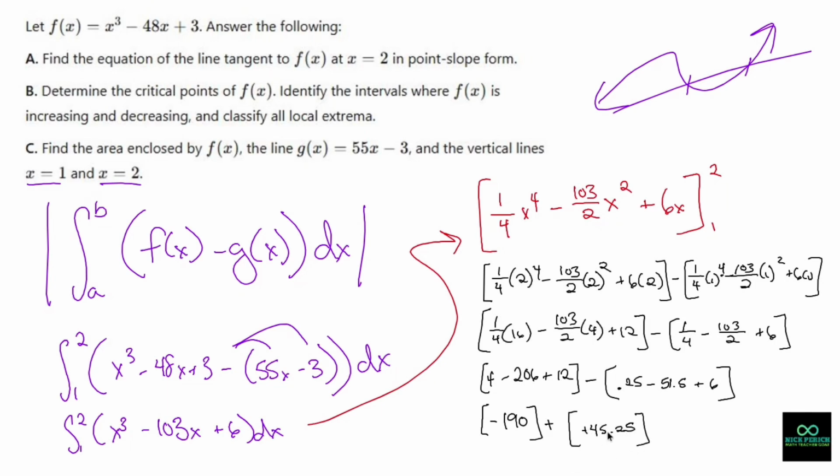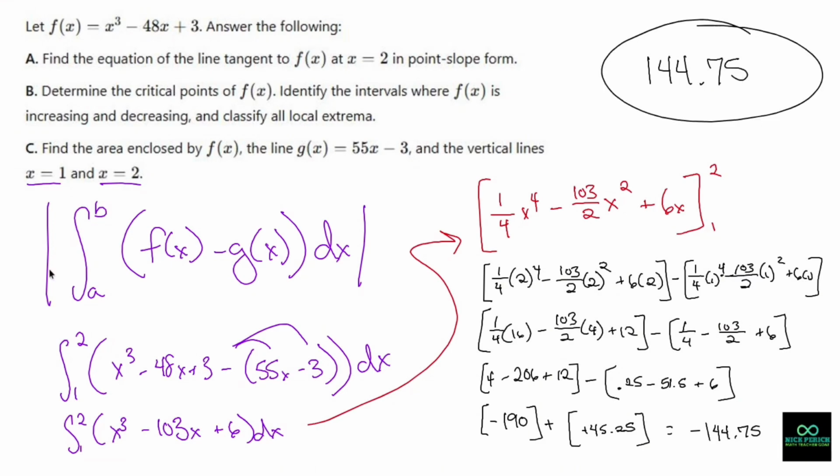Double negative becomes positive. So now we're looking at negative 144.75. So I did it backwards. No big deal. Our final answer is just make this guy positive, and by making it positive, we end up with 144.75. Yuck, yuckity, yuck.